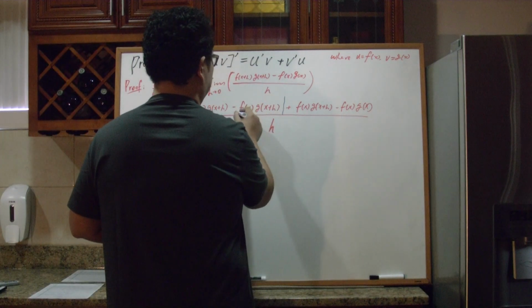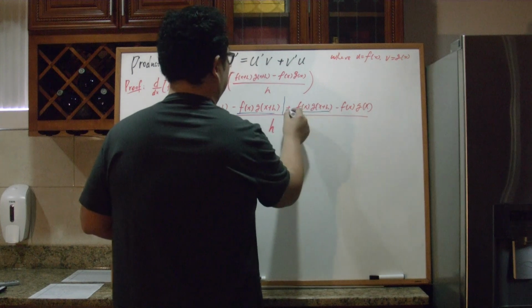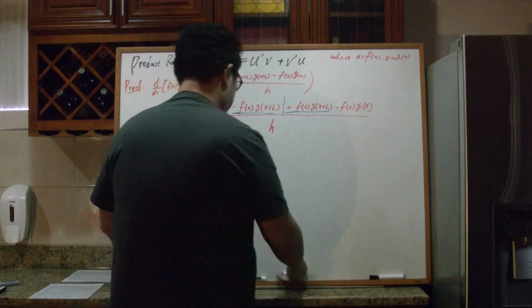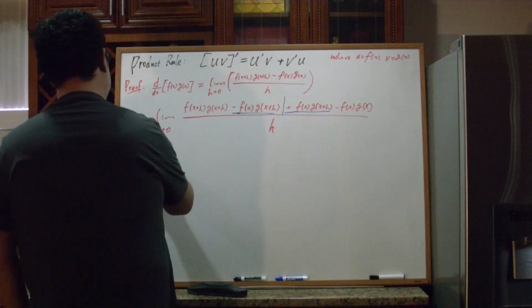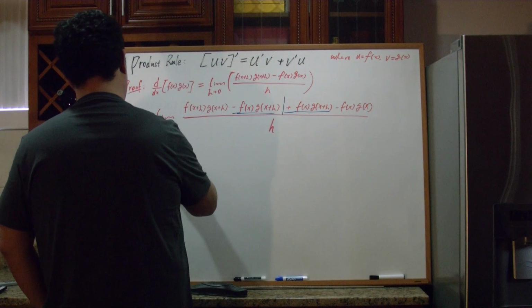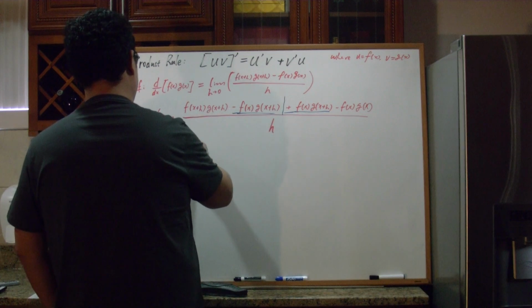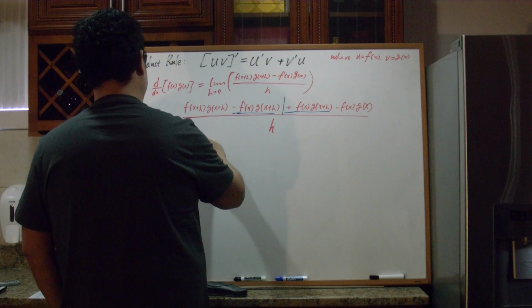Right, so that was the middle one. We attached this term and this term. That's the middle term we attach. Therefore, by definition, we're able to factor out the g of x plus h.